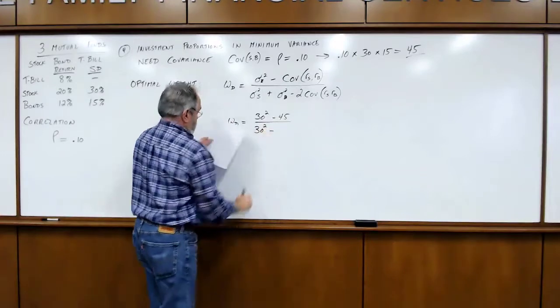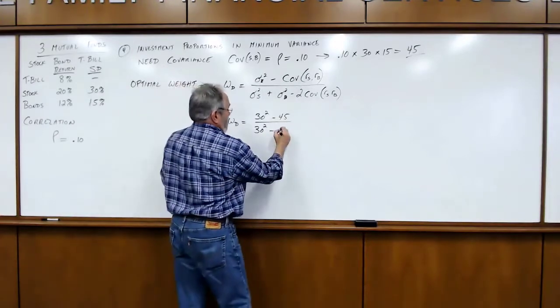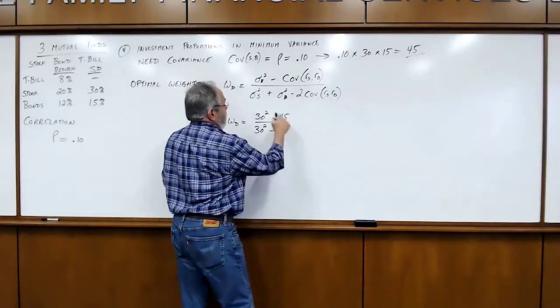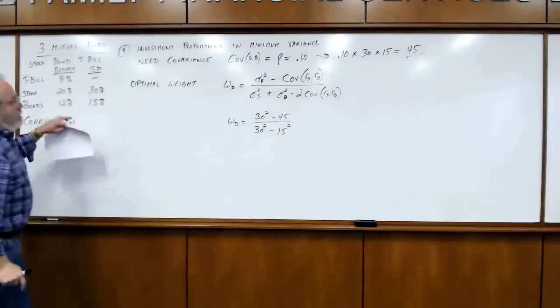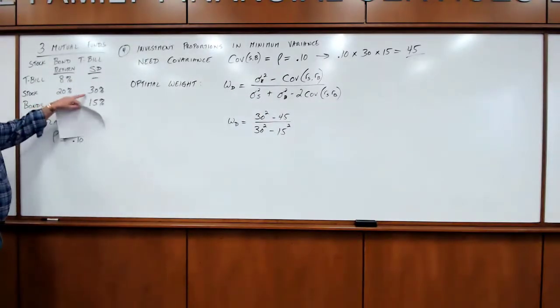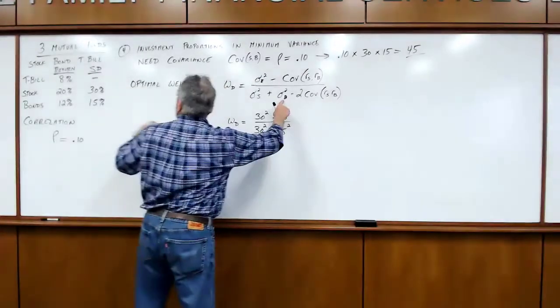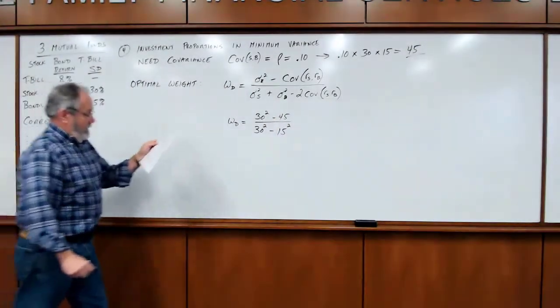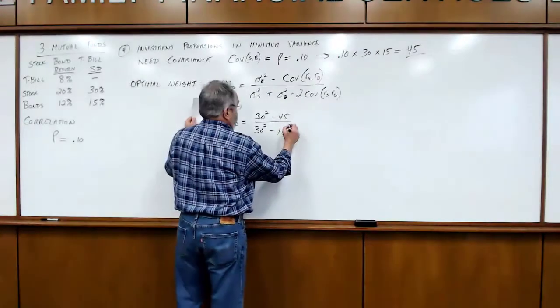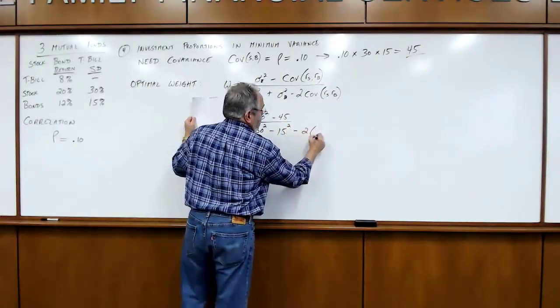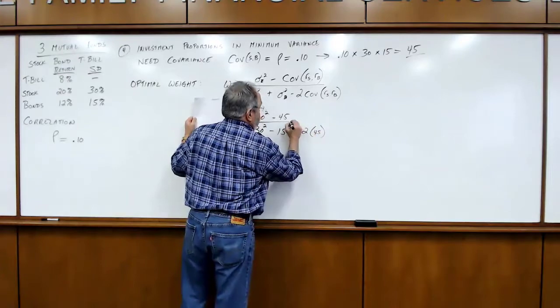Thirty squared, 15 squared, right? Sigma stock is 30, so squared, minus 15. Sigma bonds, minus 2 times 45.